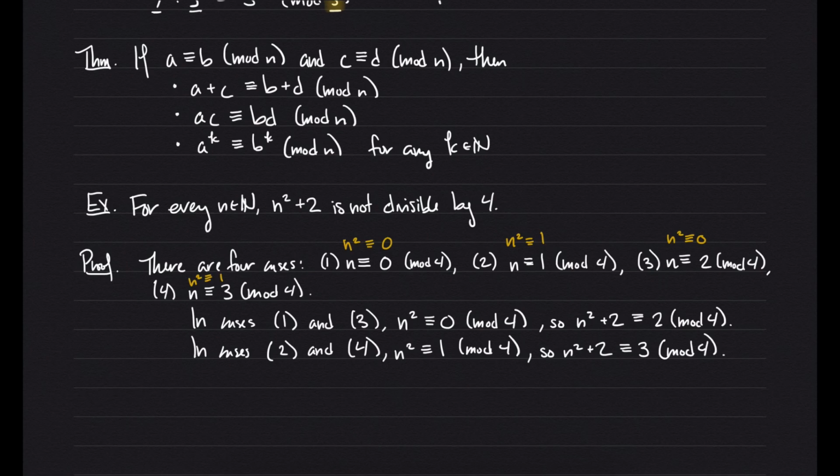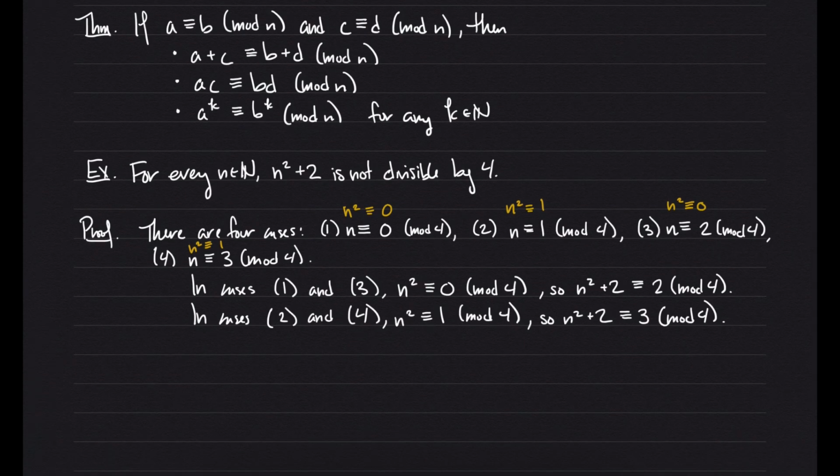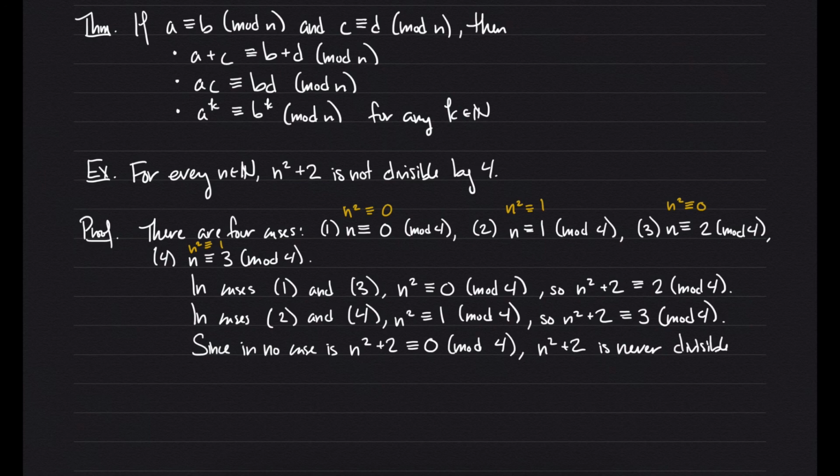And so what we see is that in no case at all is n squared plus 2 congruent to 0 mod 4, which would mean that n squared plus 2 is divisible by 4. So since in no case is n squared plus 2 congruent to 0 mod 4, n squared plus 2 is never divisible by 4, because being divisible by 4 is just another way of saying that you're congruent to 0 mod 4.